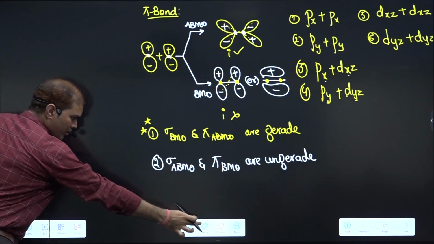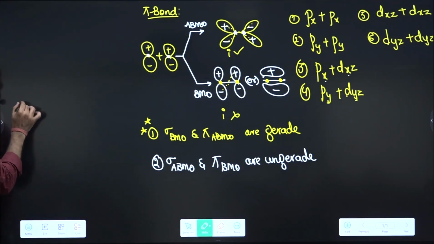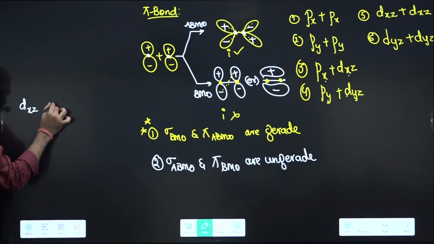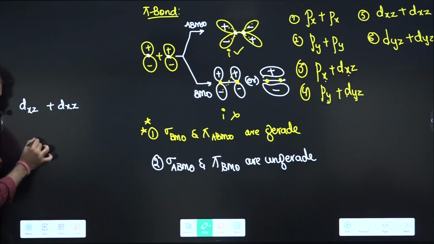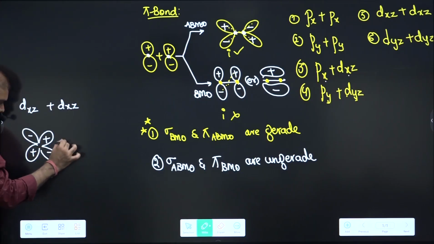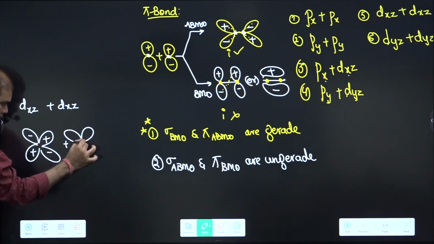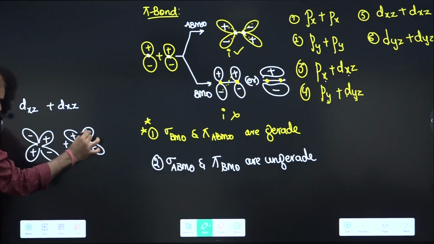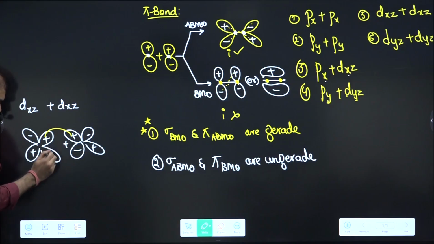So how many lobes are overlapping from each orbital? Only two lobes, whatever be the orbital. Suppose I am taking dxz combining with another dxz, these will combine. So only two lobes of each orbital are combining.